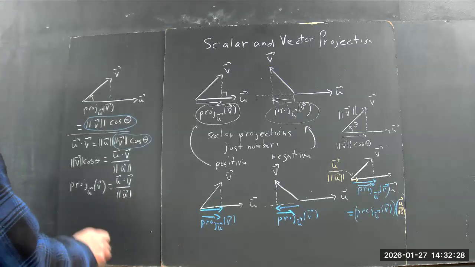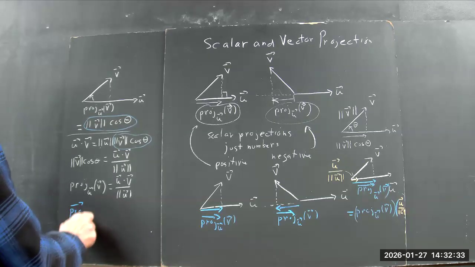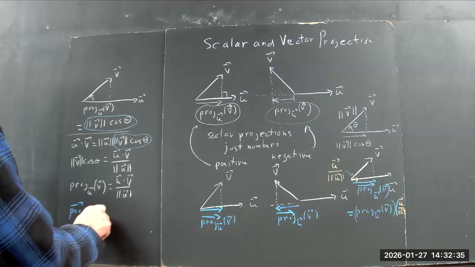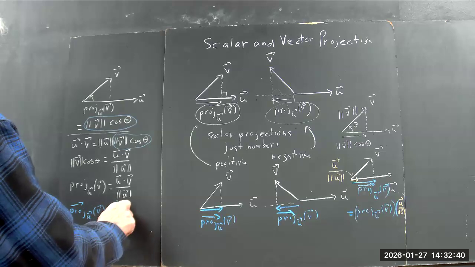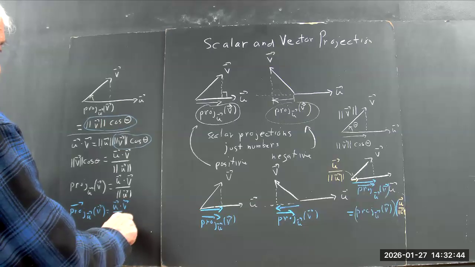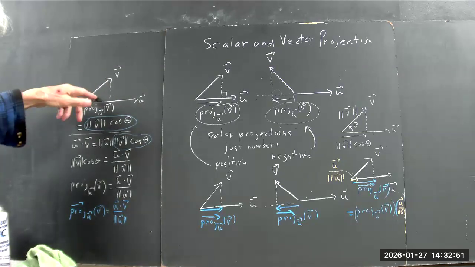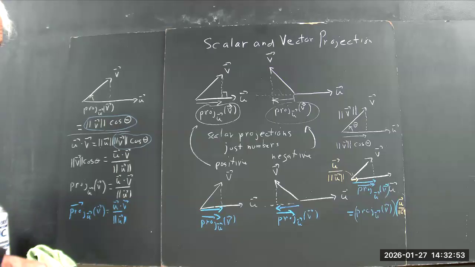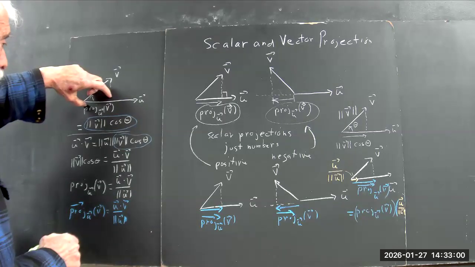And then the vector projection onto U of V equals U dot V over magnitude of U, which is how big this projection is, and also positive or negative according to whether the angle is greater than or less than 90 degrees, acute or obtuse. So that's the magnitude of this thing.